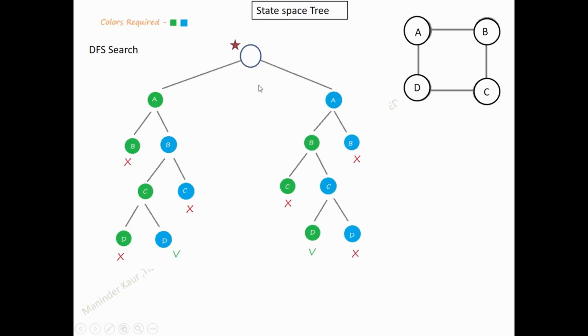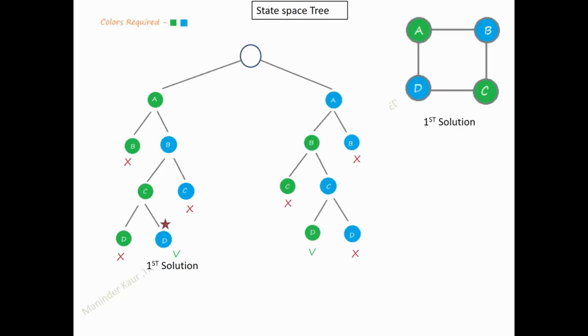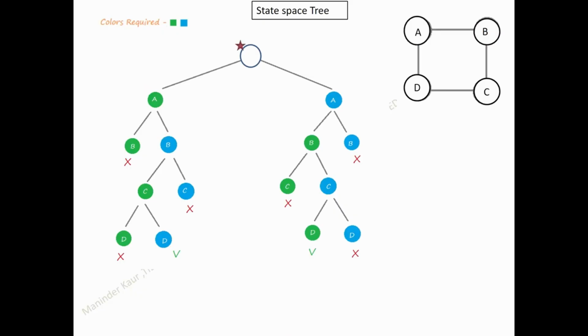Initially the star is at the root node, then traversal reaches node A, then it reaches node B, then it does backtracking and reaches the second, blue colored B, then it traverses this branch, then it moves to the last of this branch, then it backtracks and tries to explore another branch of this subtree, then it moves backward and tries to explore the rightmost branch of the tree.